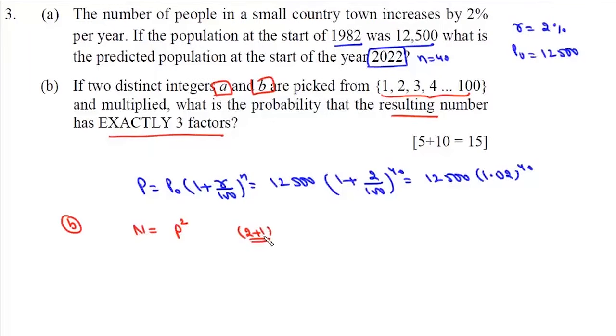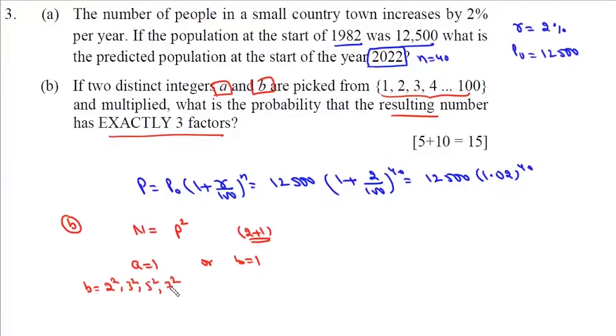In all other cases, it can't be done. So that means out of a and b, one of the numbers must be 1. Either a must be 1 or b must be 1. And the other number must be the perfect square of some prime. So this b can be either 2 square, 3 square, 5 square, and 7 square.